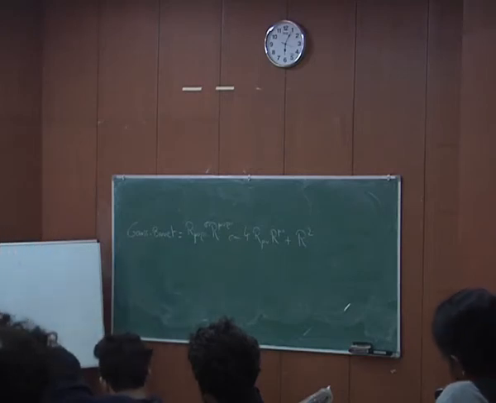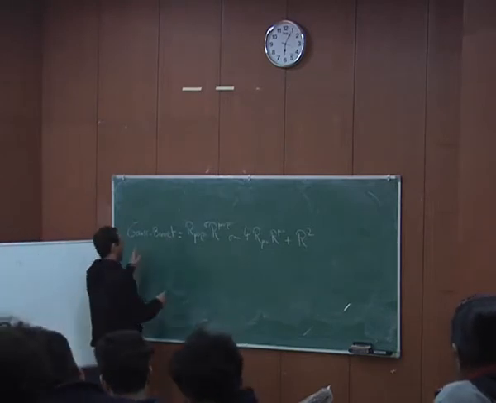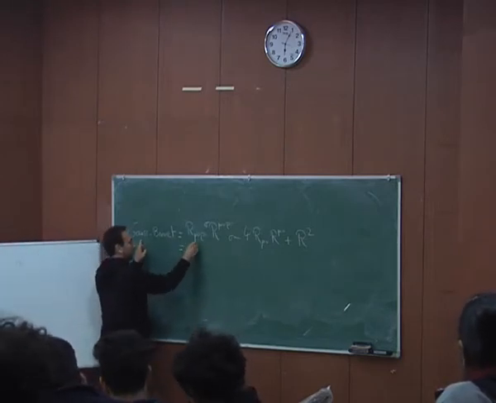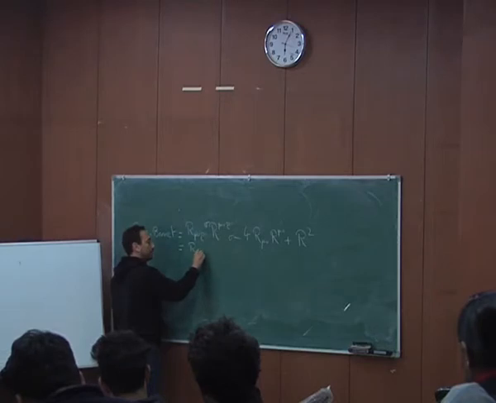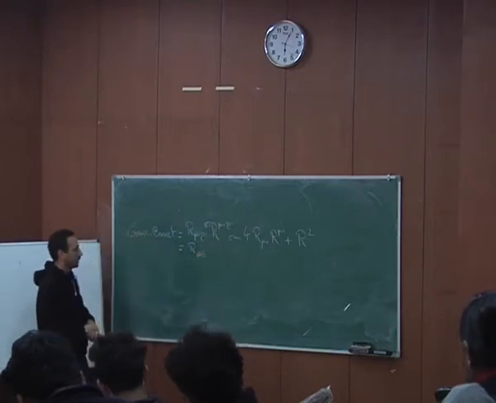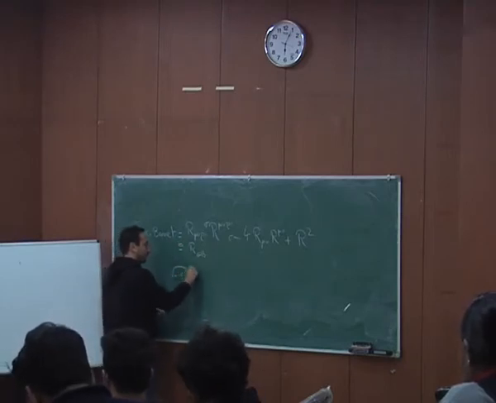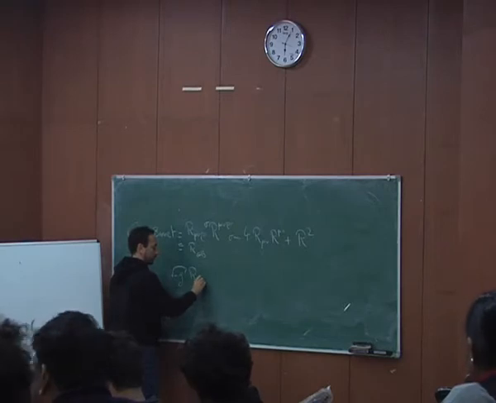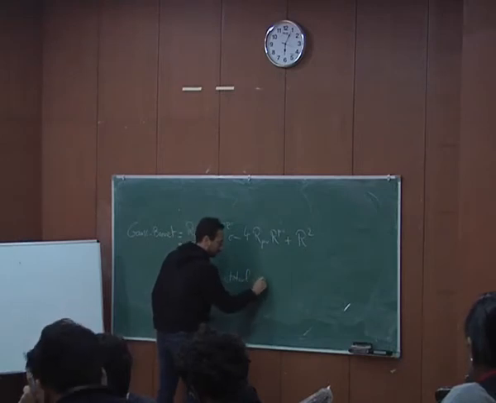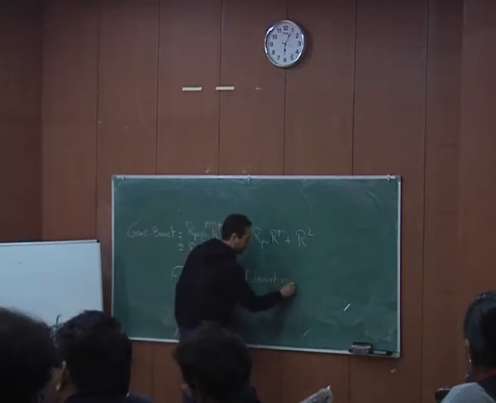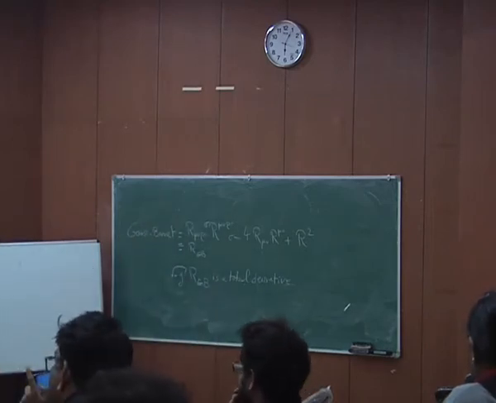I'm just going to write this and call it R Gauss-Bonnet. So I have to prove that square root of minus g times R Gauss-Bonnet is a total derivative.